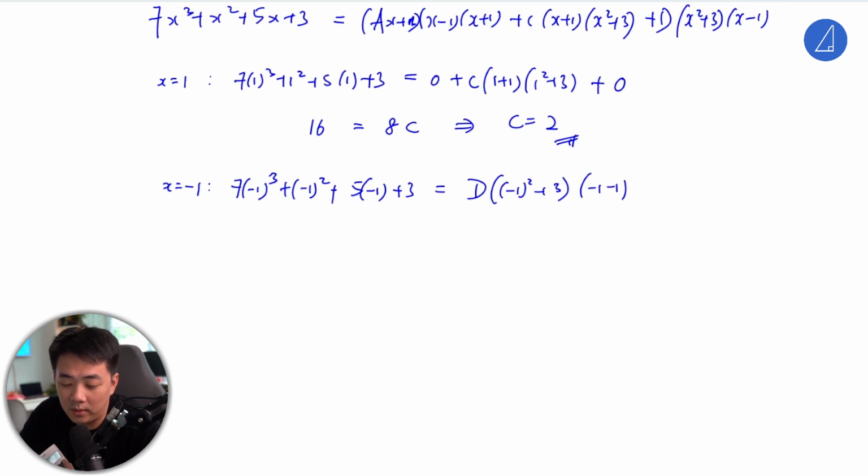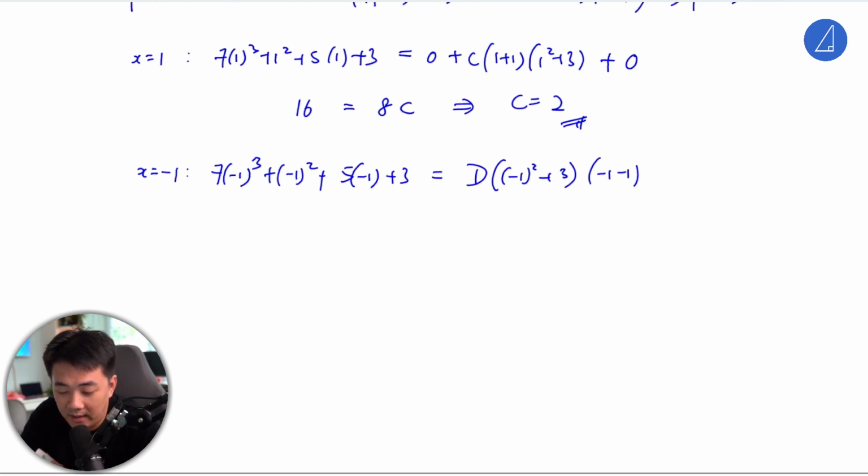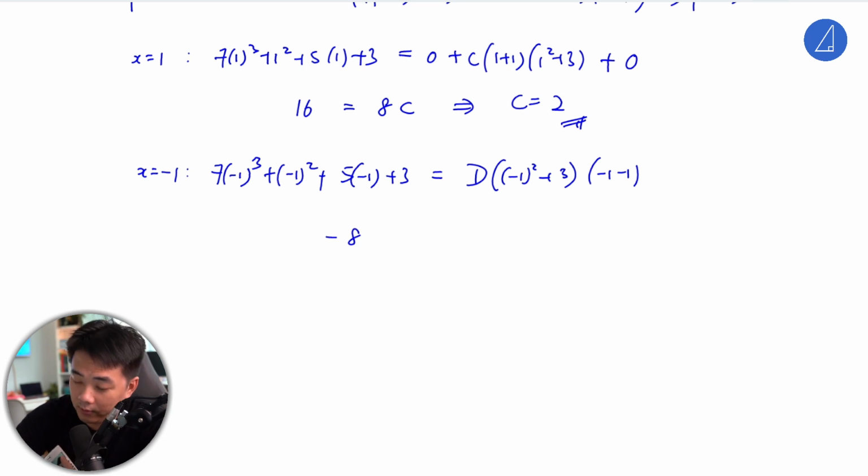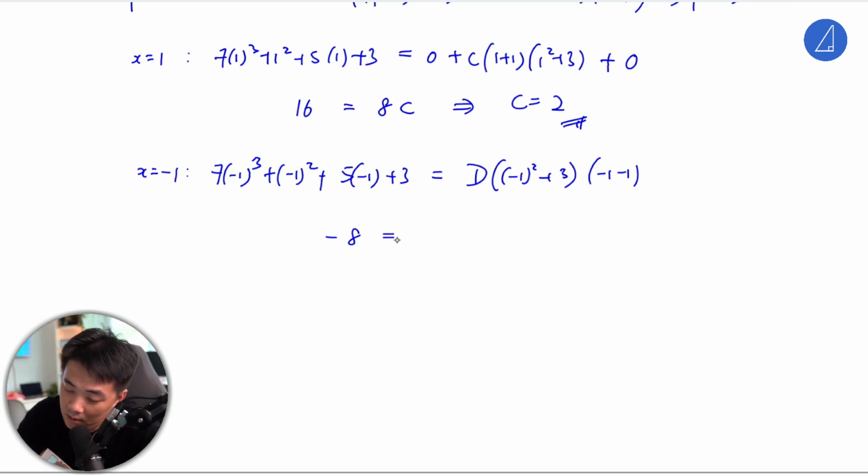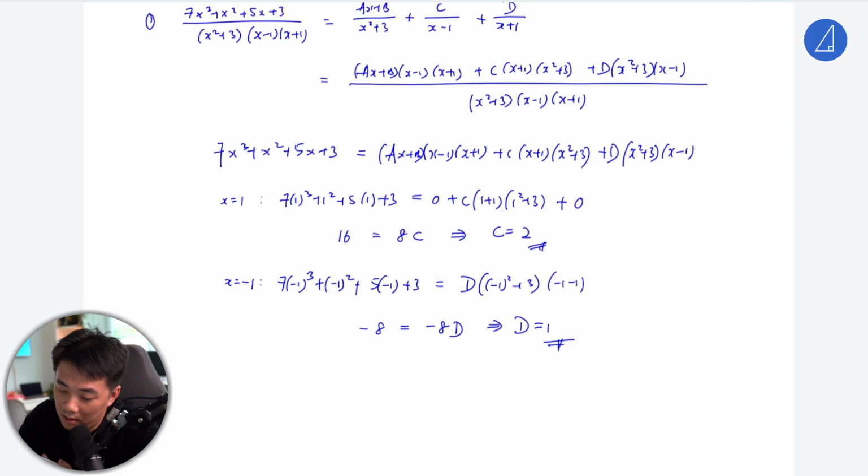Then what we do is just find this. So it's negative 7 plus 1, negative 6, negative 6, negative 11, negative 8. After which d will be 4 minus 8d. So d actually goes to 1. Alright, great. So we got d and c.